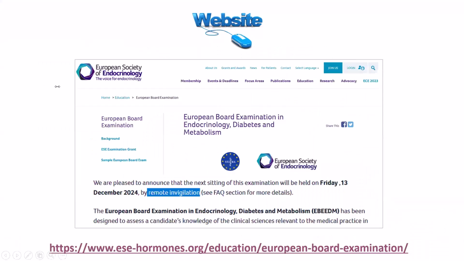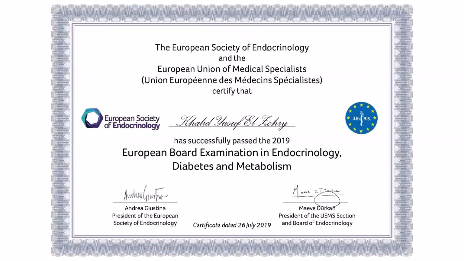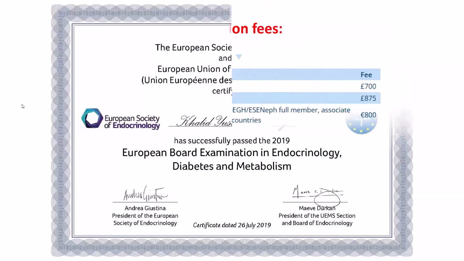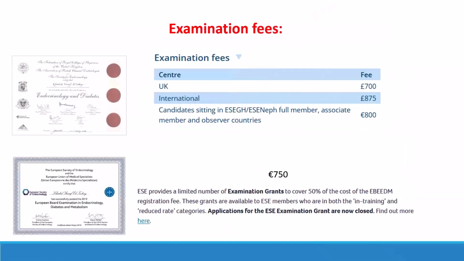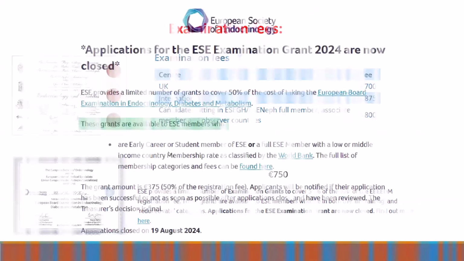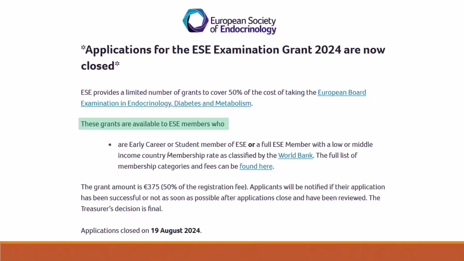So this is the official website for the EBEEDM. And after the results, you will get the certificate like this. And this is the fees for the SCE and the European board, as I mentioned, but don't forget that the ESE will give an examination grant of 50% reduction from the fees if you get this grant.